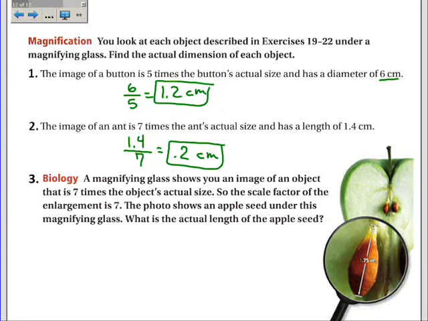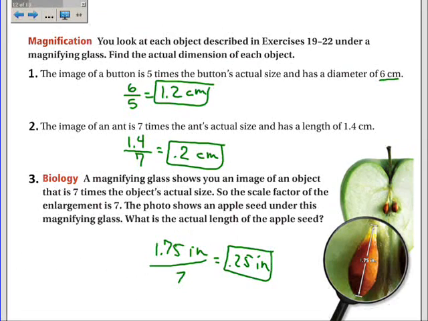The photo shows an apple seed under this magnifying glass. What is the actual length of the apple seed? In the picture, it's 1.75 inches, and it's been enlarged 7 times. So if I divide by 7, I get 0.25 inches. So the actual seed's length is about 0.25 inches, a quarter of an inch.